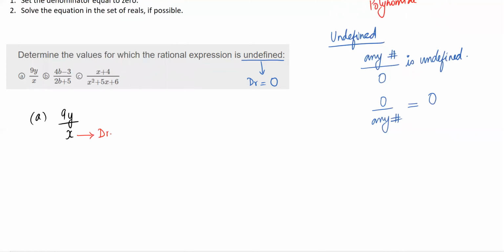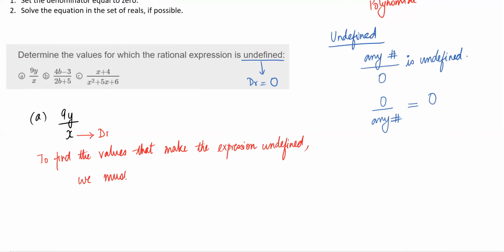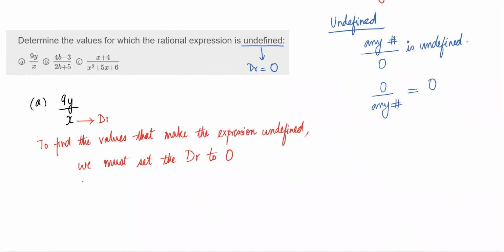So to find the values that make the expression undefined, we must set the denominator to 0. It's always the case. This means your denominator is an x, set it to 0, and you will solve for x.